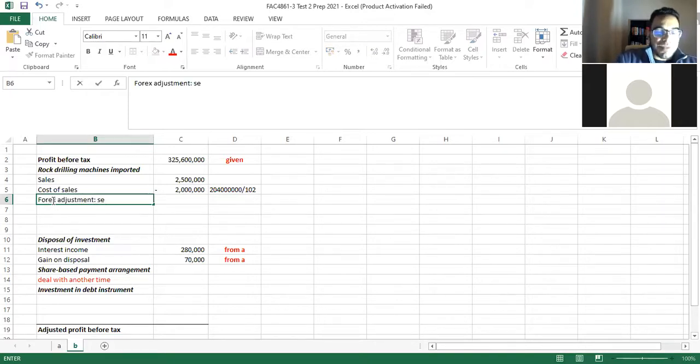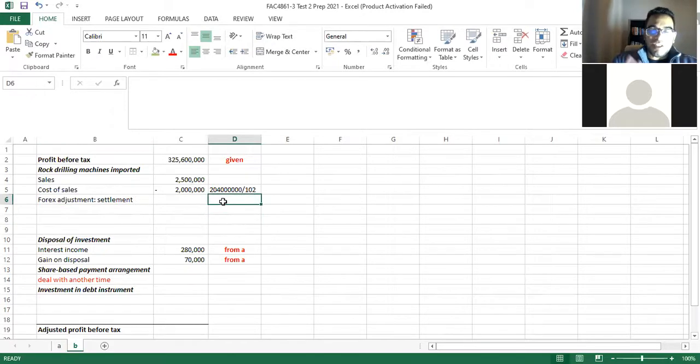So we're going to deal with the forex adjustment relating to the settlement. What are we settling? We are settling two machines, which is equal to 408. So we're settling two machines, 204 123 times 2. Each machine costs 204.